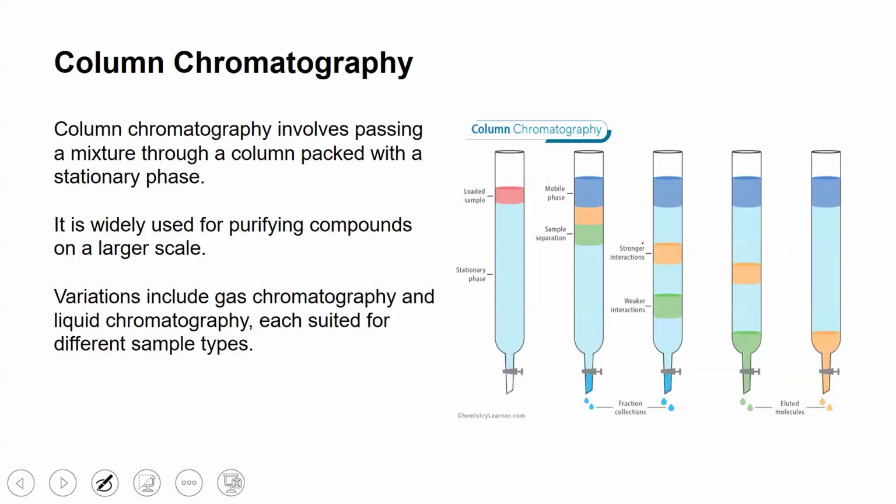As you can see, column chromatography involves passing a mixture through a column packed with a stationary phase. Variations include gas chromatography and liquid chromatography, each suited for different sample types. So you should get that.